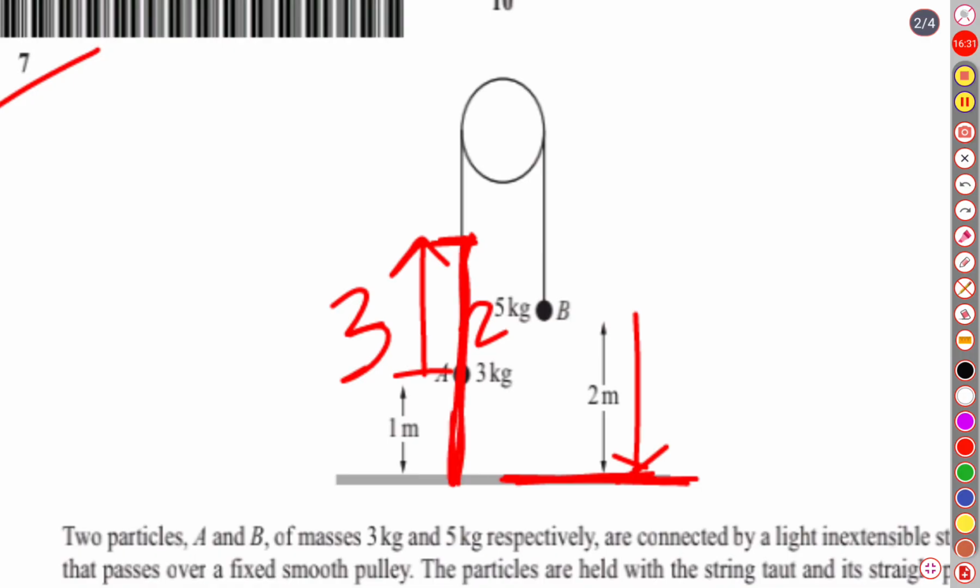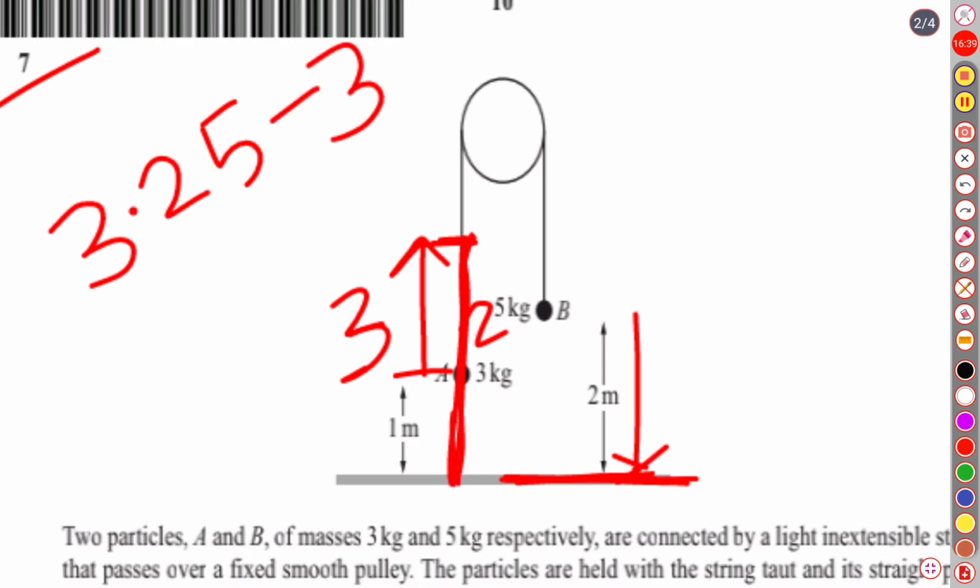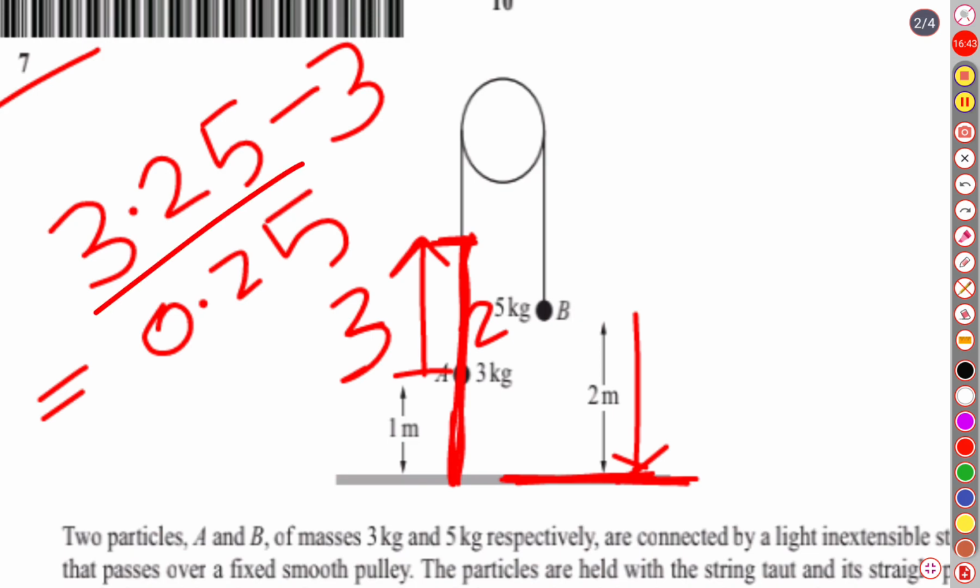I think you have got it. They told us the distance should be 3.25. From 3.25, if 3 meters is subtracted, then 0.25 meter should be traveled by A.